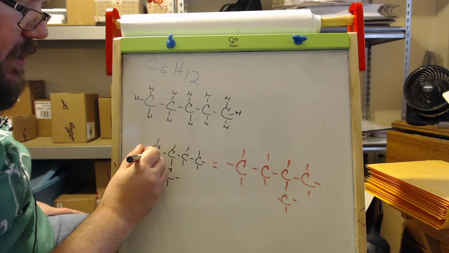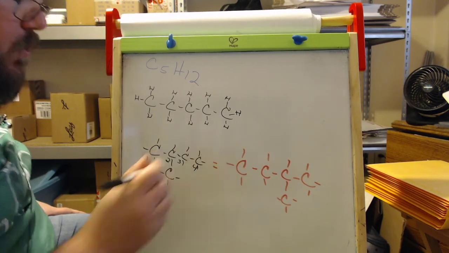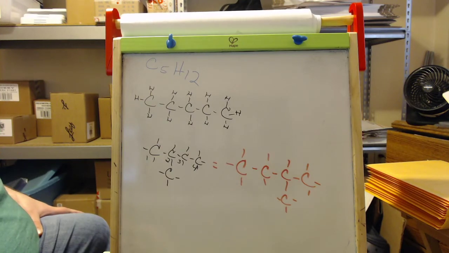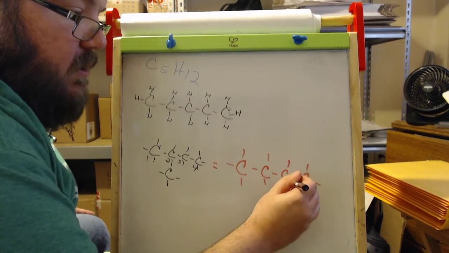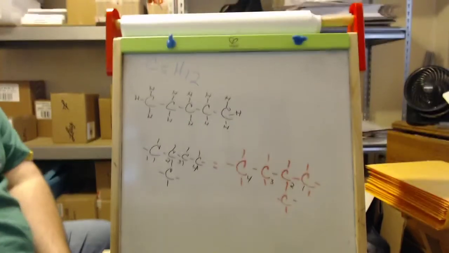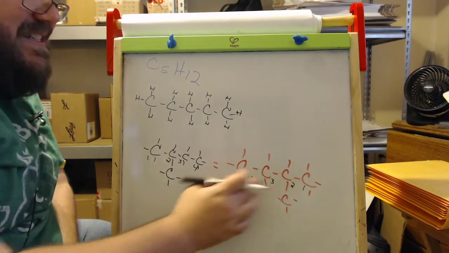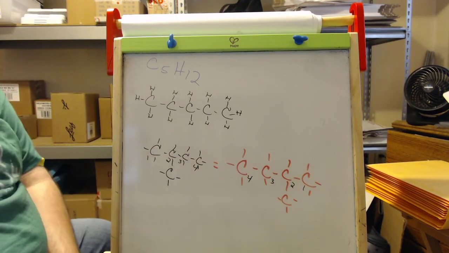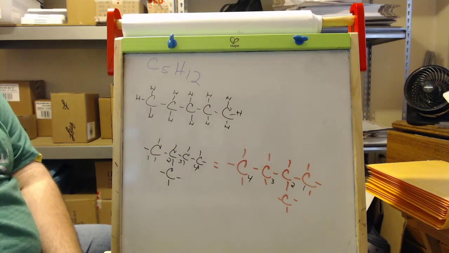So if I were numbering this chain, this would be a 1, 2, 3, 4 chain. If I were numbering this one, the numbering would go 1, 2, 3, 4, like that. So these are the exact same compounds. Don't let that happen. Okay?